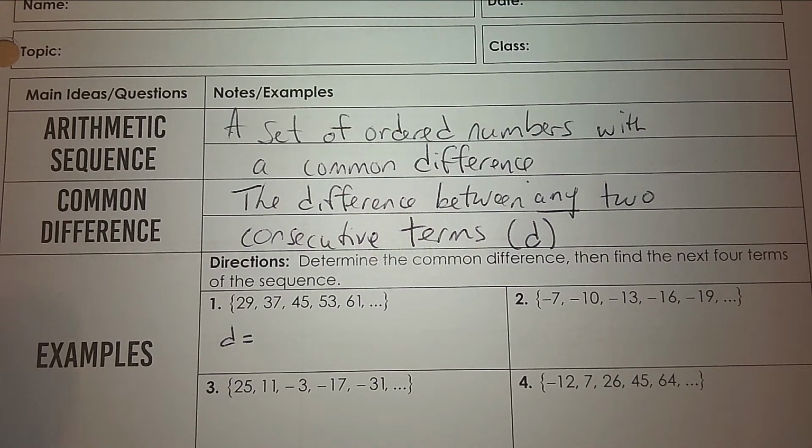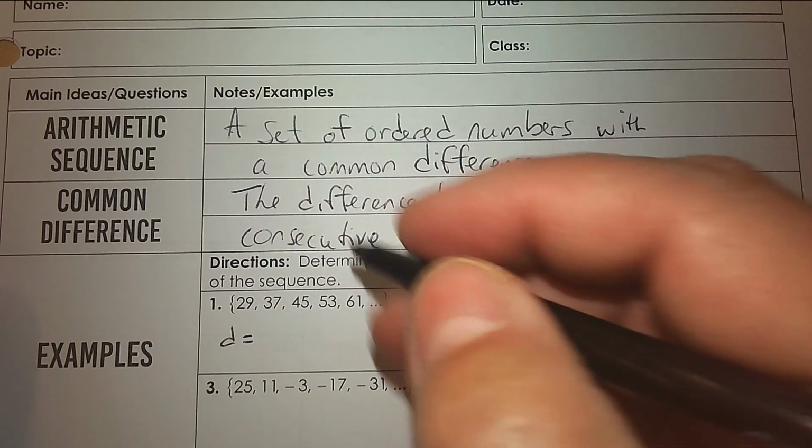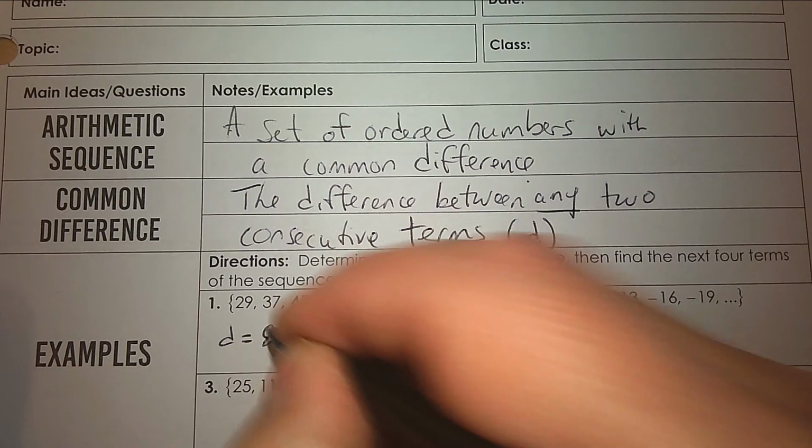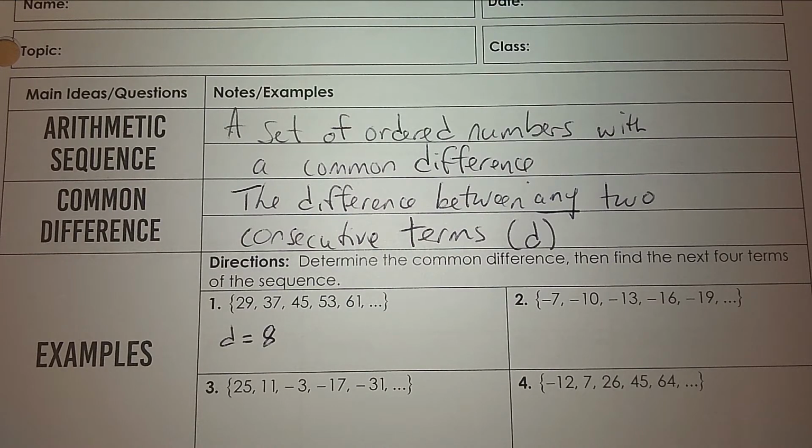If the common difference is the difference between any two consecutive terms, can you take any two consecutive terms and subtract? Now, if the common difference is positive, that means you're adding. If the common difference was a negative number, that means you're subtracting or adding a negative number, however you want to see that.